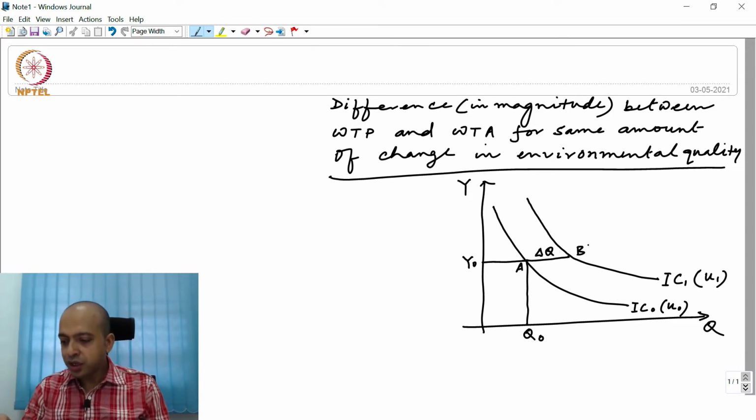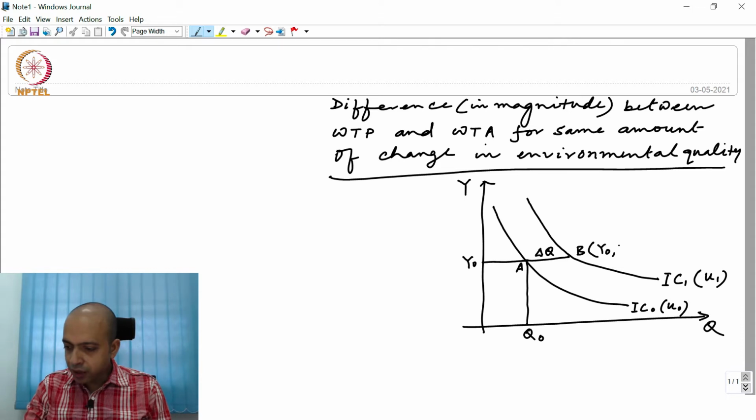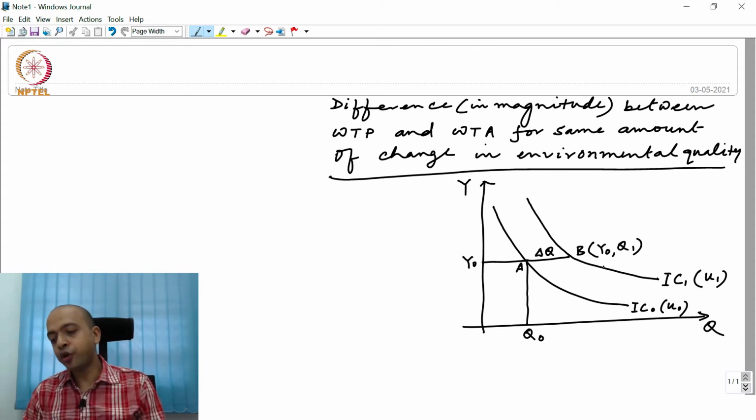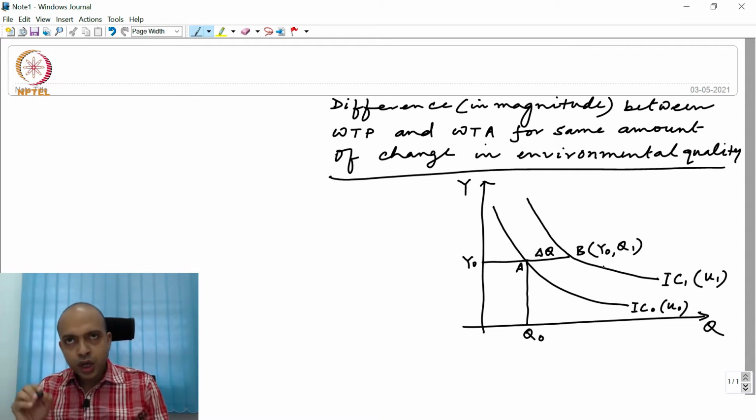So at B, individuals are actually enjoying Y0 amount of income and Q1 amount of environmental quality. Okay, so the individual will pay that much amount from Y0, so that after payment, the individual would be as good as what they were enjoying earlier.